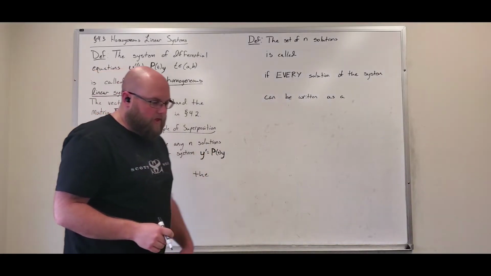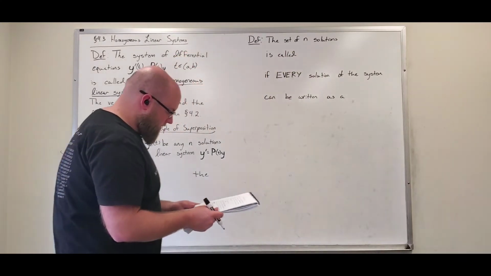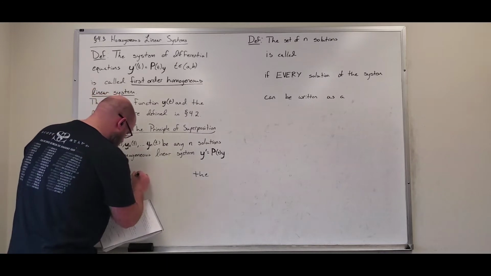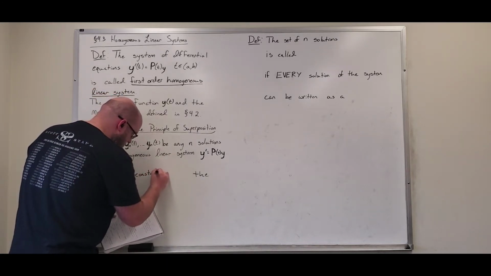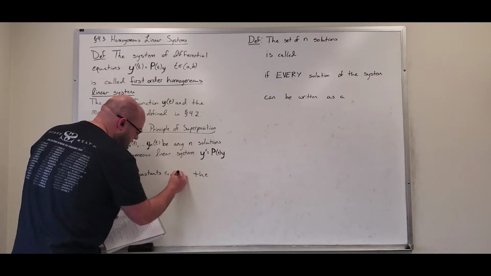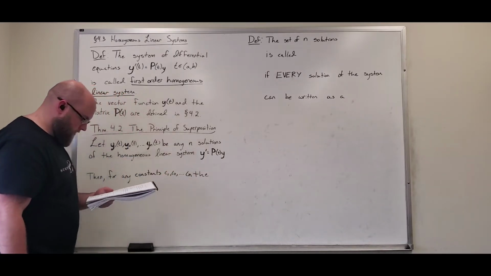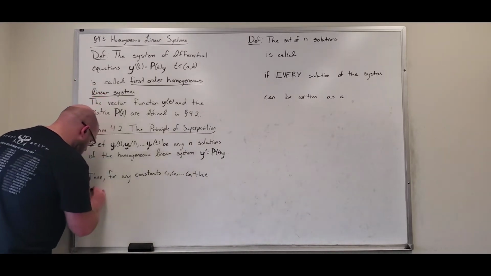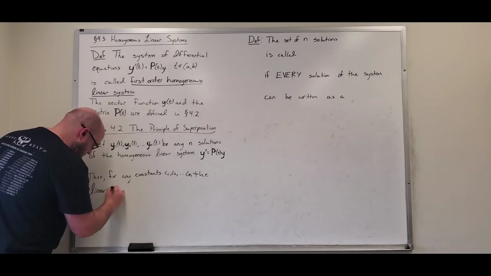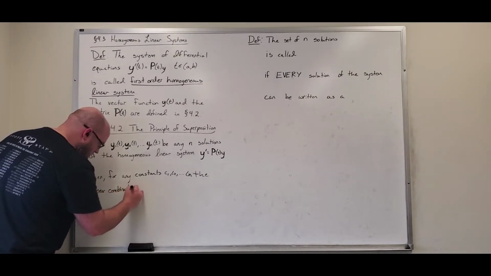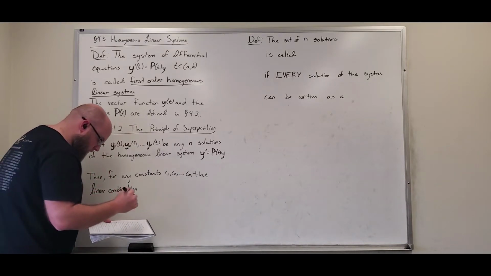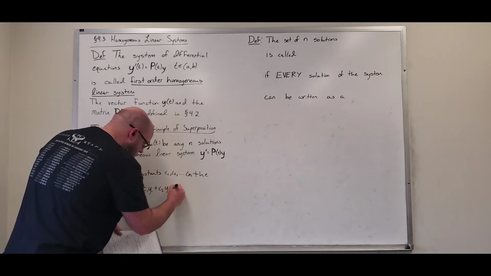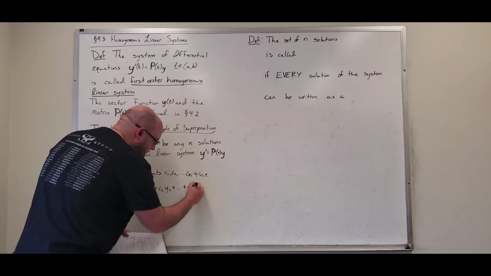Then for any constants C1, C2, up to C sub n, the linear combination C1 y1 plus C2 y2 plus so on up to C sub n y sub n.